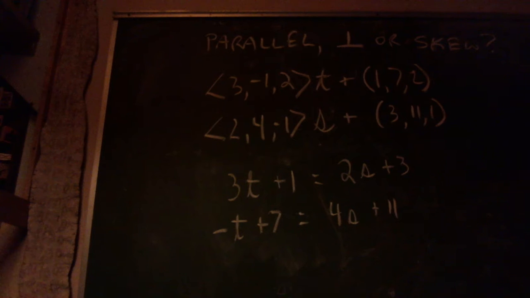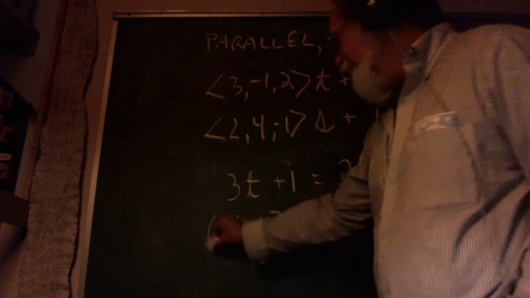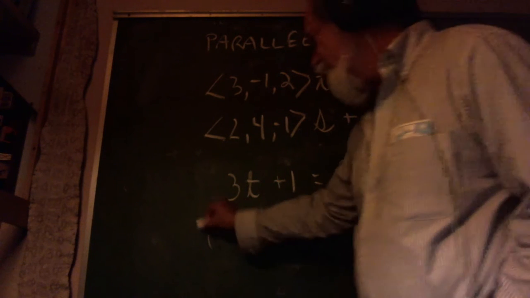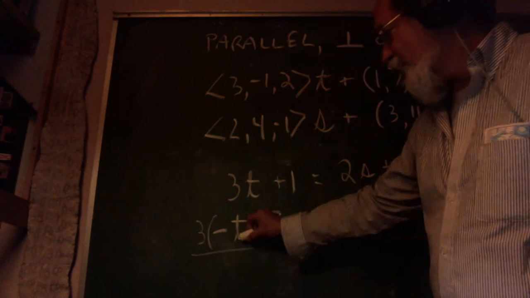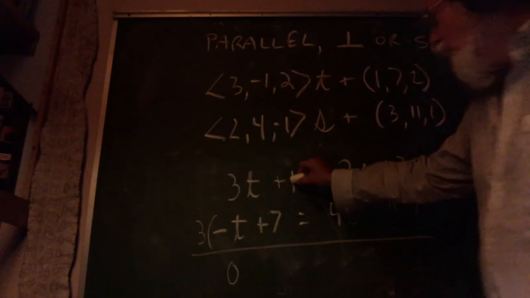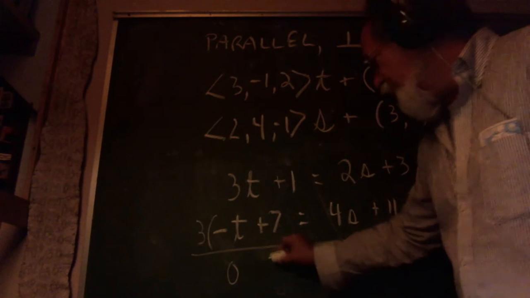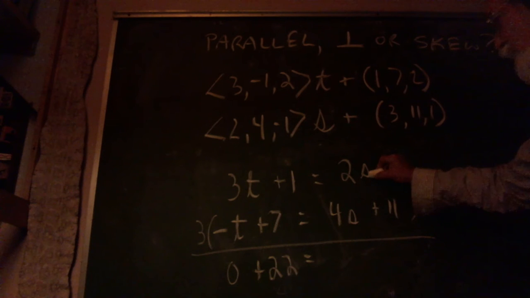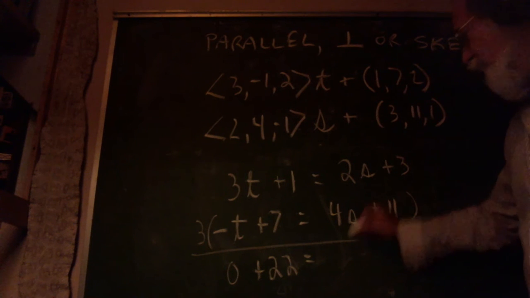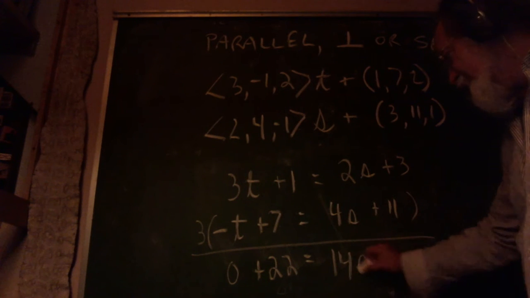I would multiply through by 3 and just add straight down because that'll cancel the t's. So this is going to be 3t minus 3t, 0. 1 plus 21 is 22. 2s plus 12s is 14s.